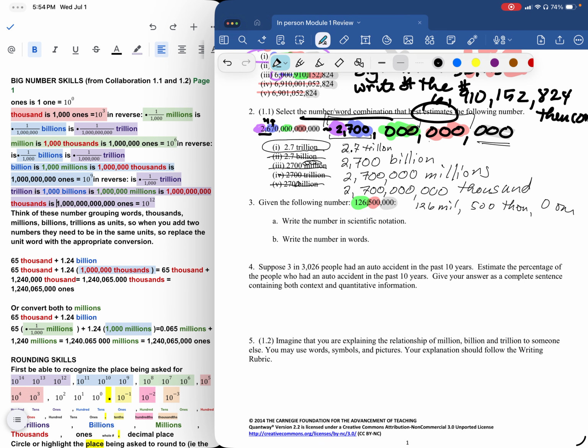We didn't need to read it, but anyway, write the number in scientific notation. So I have right here, to expect, this is the hundreds digit of the millions. So the ones digit is 10 to the 6th. This is 10 to the 7th. So this digit here is going to be 10 to the 8th. So I'm expecting 10 to the 8th.